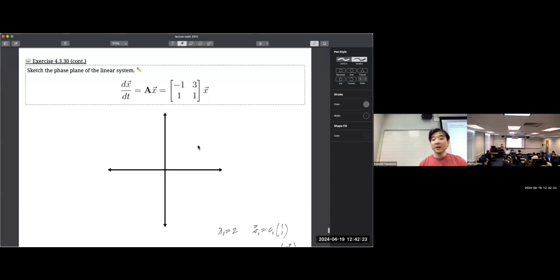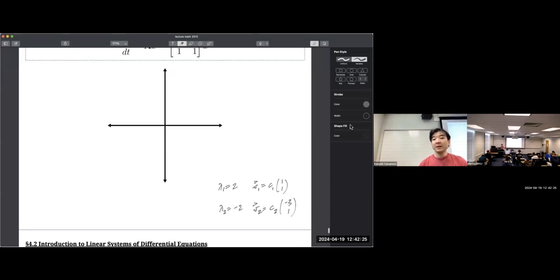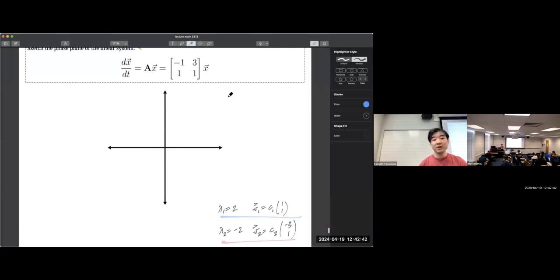This is all you need. I'll underline this in blue, and this one is red. Now we're going to draw what 1, 1 traces. That's going to trace this line, just a 1, 1 line. This has a positive eigenvalue, so the arrows are going to point out for this.